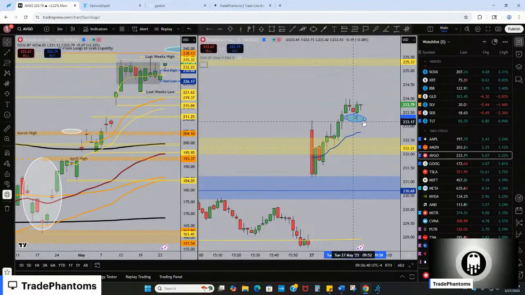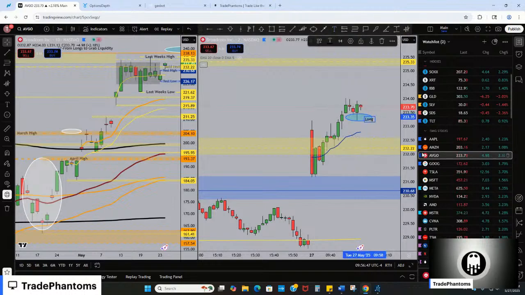Got filled AVGO right here on the pullback. A little baby pullback there. Google trying to work.